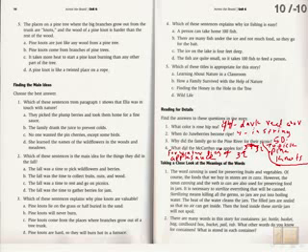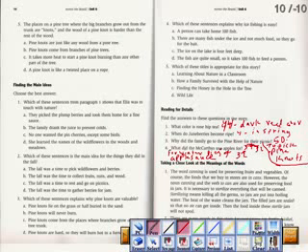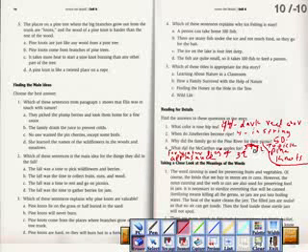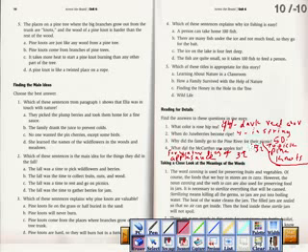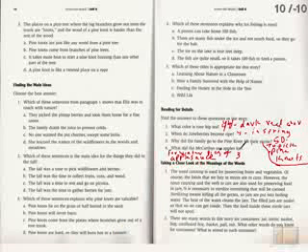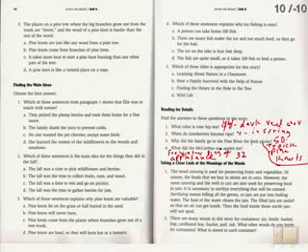I'm sorry for my bad handwriting. Line 32, and then for winter pies and apple sauce.